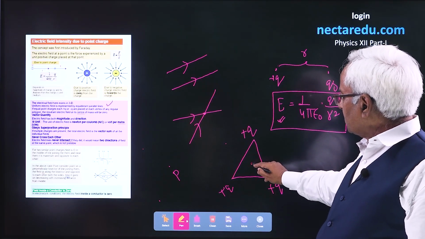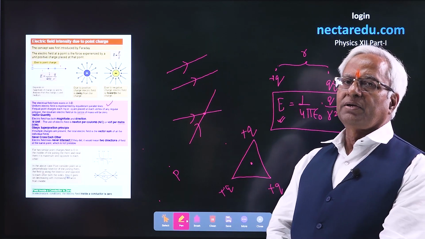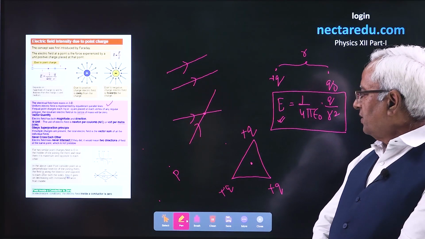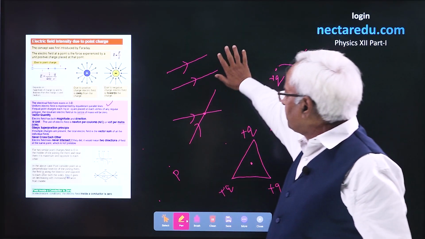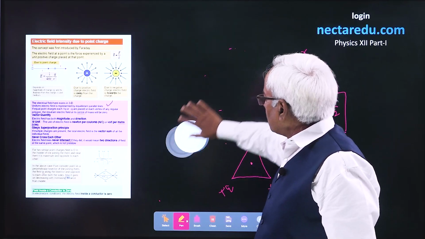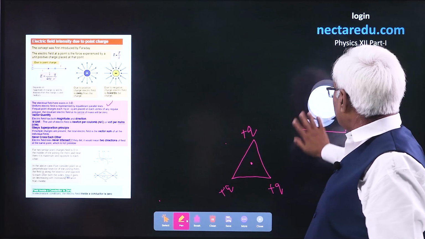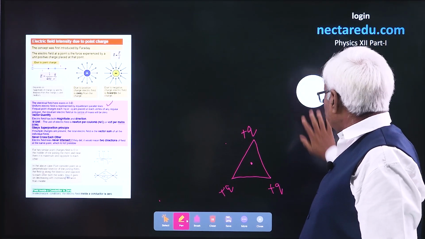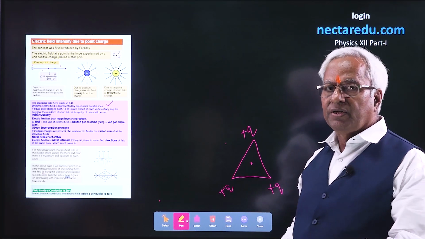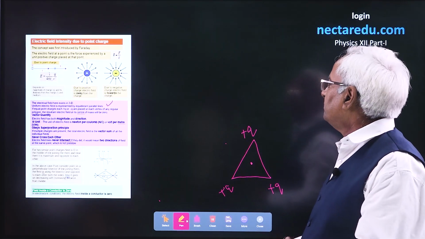The field at the center of mass of the figure shall be equal to 0. Now, you could say in general that if equal charges are placed at the vertices of any regular polygon, then the resultant field at the center of mass of that very figure is going to be 0.